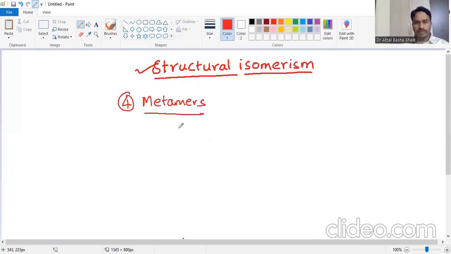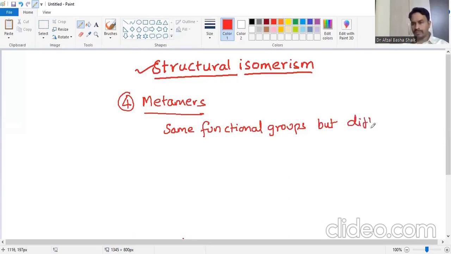In the case of metamers, the isomers have the same functional groups, but different alkyl chains.